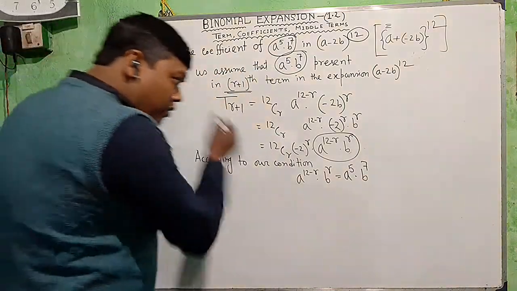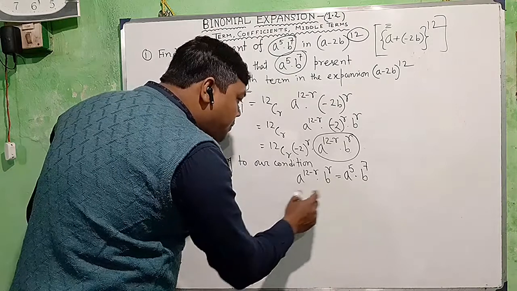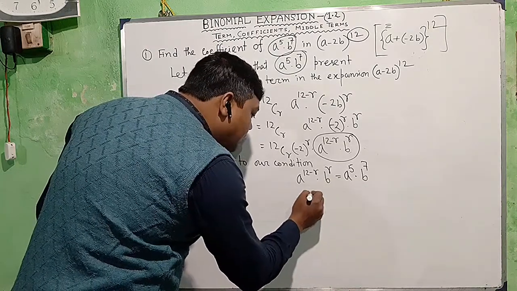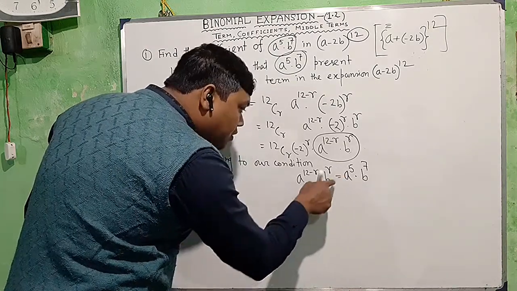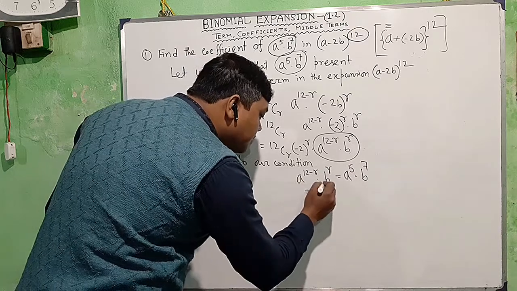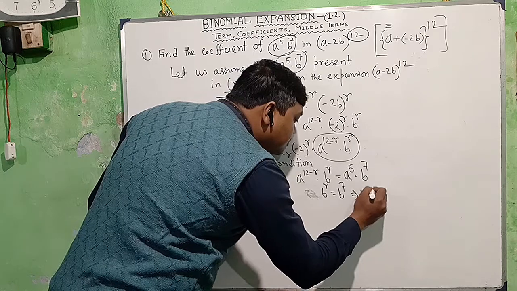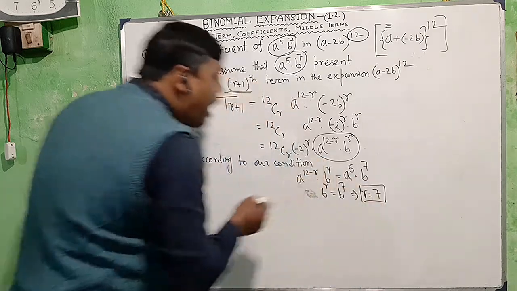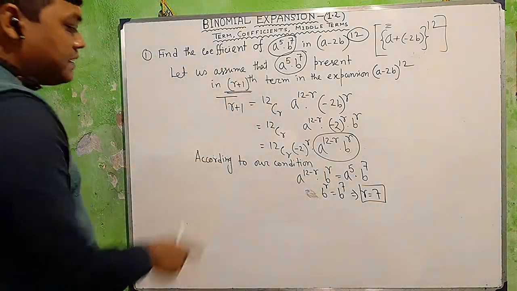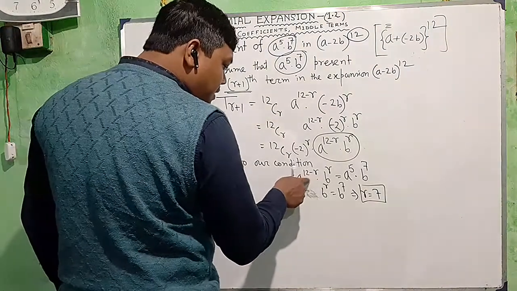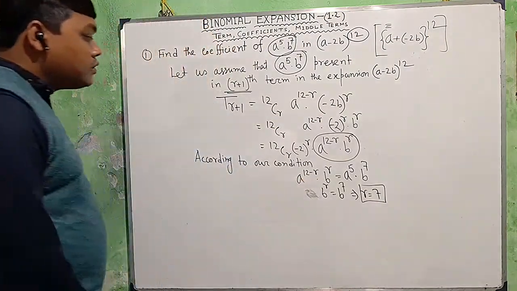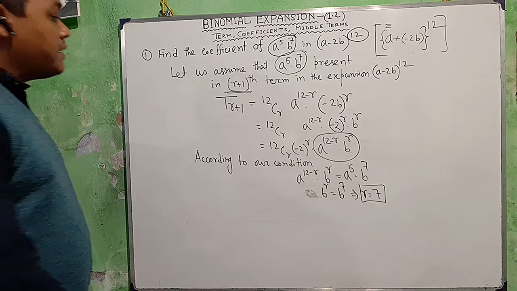So now if we equate the coefficient, you will get b to the power r equals b to the power 7. So this gives r equals 7, and this value r equals 7 also satisfies this equation. If you put r equals 7, you will get a to the power 5, so we have already gotten that.